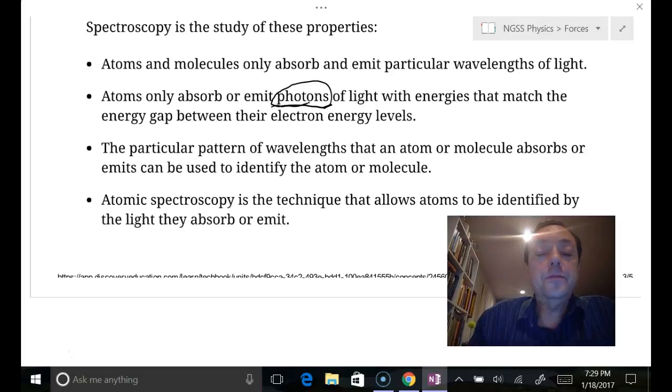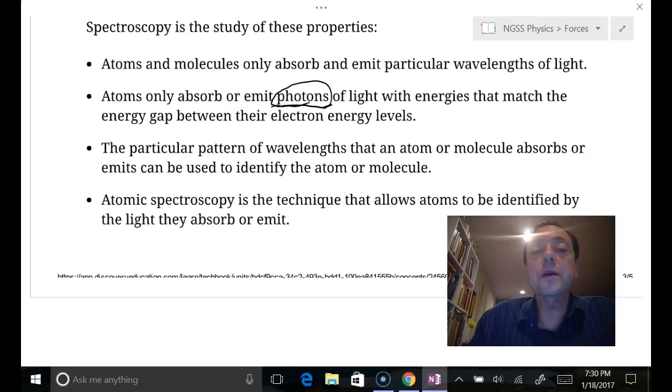So when an electron absorbs energy, when it's orbiting a nucleus and it jumps to a higher orbital, and then subsequently re-emits that energy, it will emit that energy as a photon. Right?